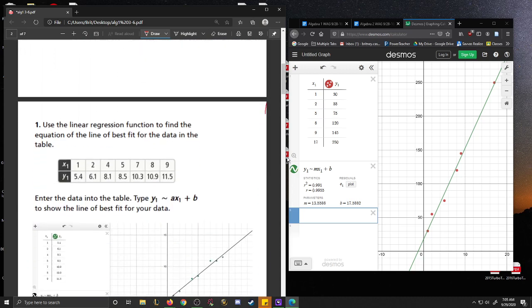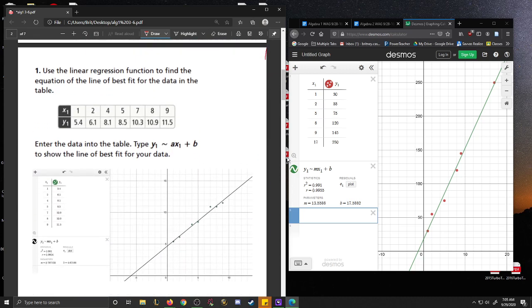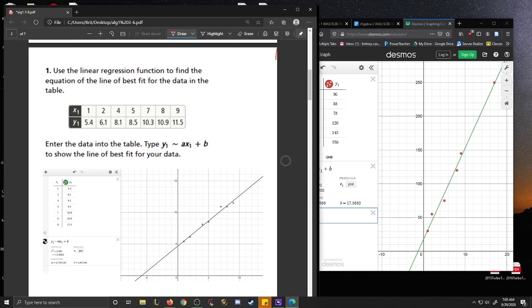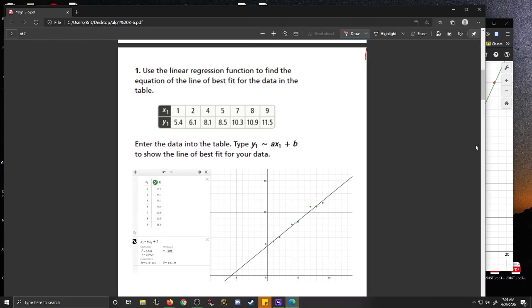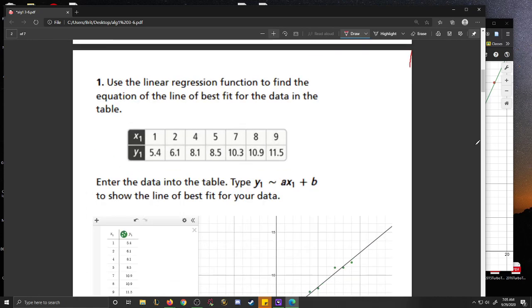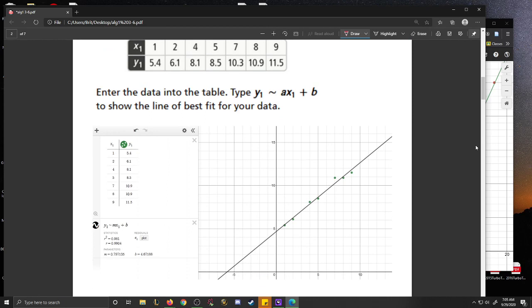Alright, so here we are. The next part, they tell us to use linear regression to find the equation for the line of best fit. I'm just going to make my PDF bigger instead of going through Desmos again. Here's the table, and here's where I typed it in on Desmos using that table feature. Notice your book, see what I was saying about them calling that m and a?